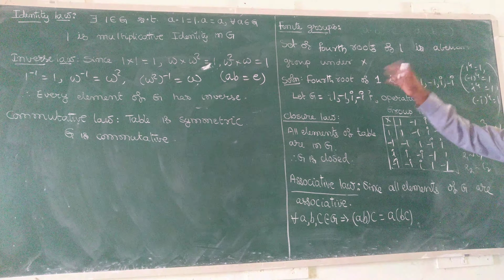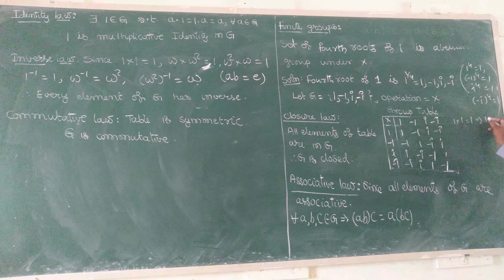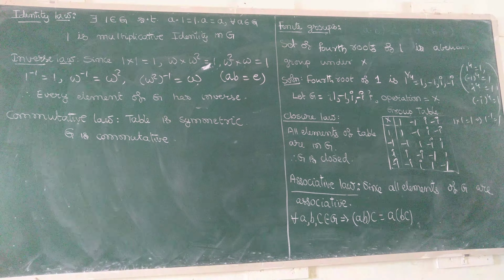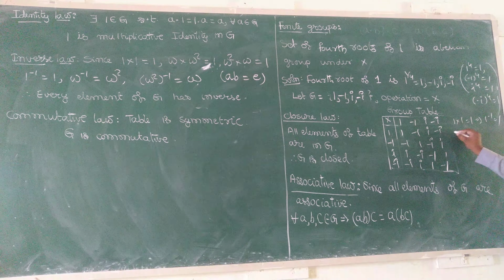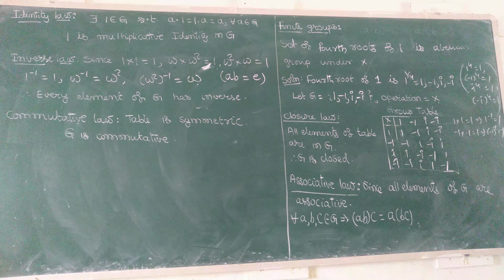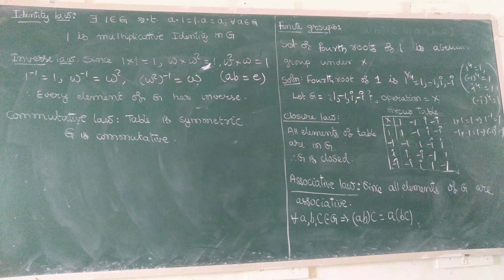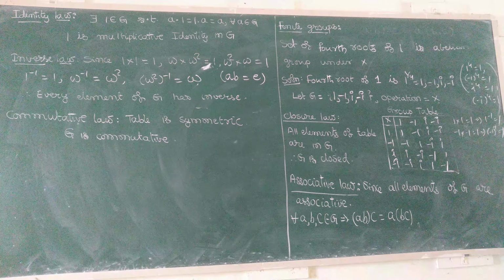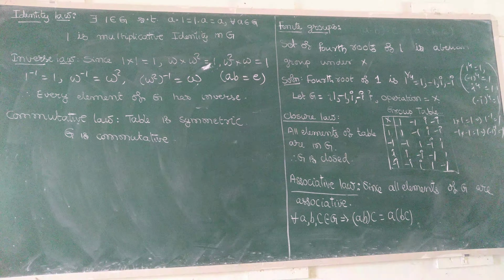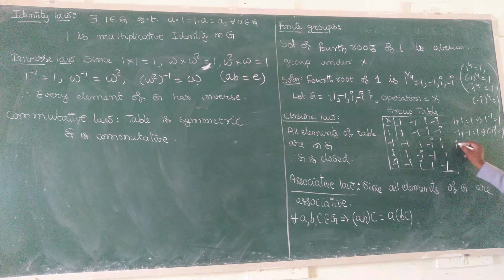Just we have to write the inverse law. How can you write the inverse law? 1 into 1 is 1, hence the inverse of 1 is 1. Minus 1 into minus 1 is 1, so the inverse of minus 1 is minus 1. i into minus i is 1.